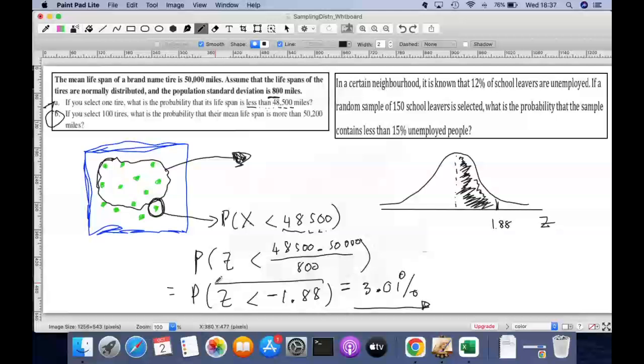This is Z less than minus 1.88. There's 0, which is the center. Minus 1.88 is on the left. Now I'm going to shade the area that we need to find to answer this question in green. Now it's saying Z less than minus 1.88, so it means this area.